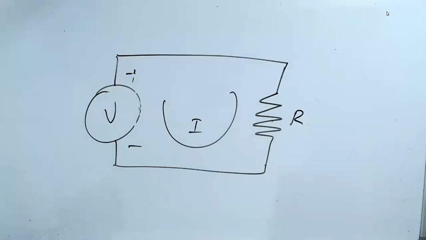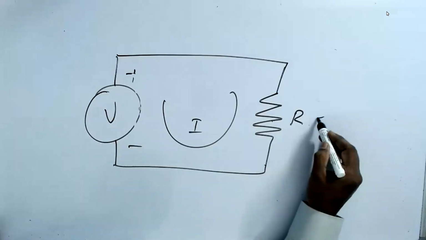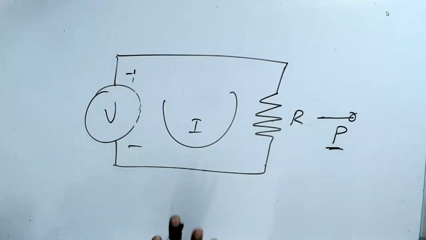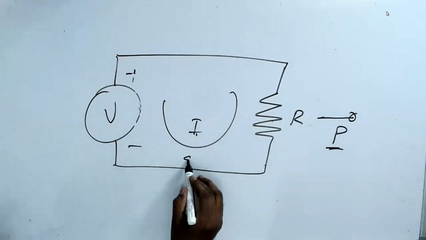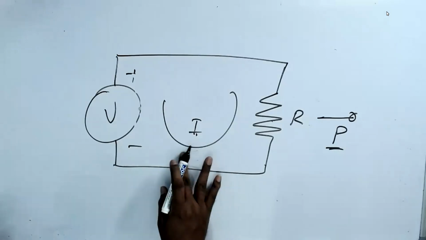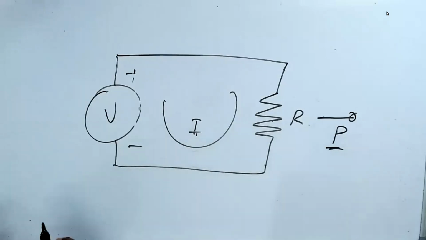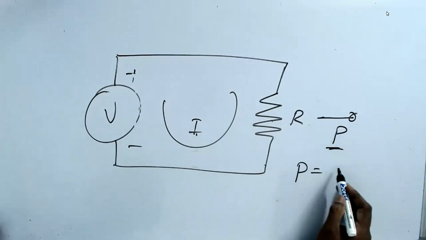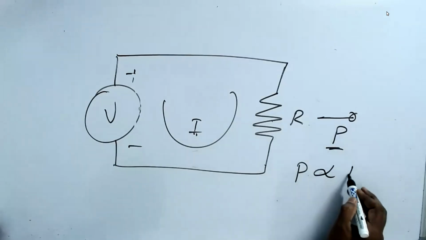What they have very surprisingly found is the energy coming out, the power coming out. Let's talk about power, because the current is also electrons per second. So let us talk about only power. Let's not worry about energy, because even though I use the word energy sometimes, it's actually power. They found out that the power is proportional to I square.